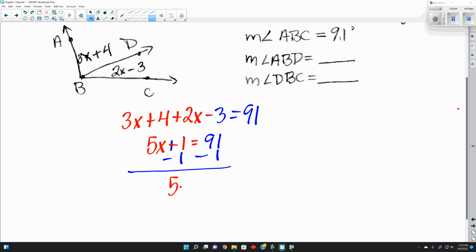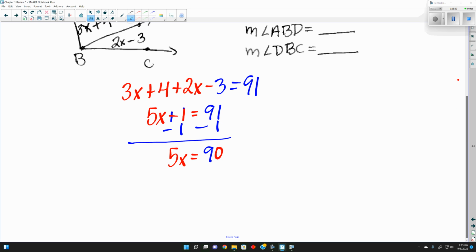Telling us that 5x is equal to, and last but not least, we will divide both sides by 5. Telling us x is equal to 18, because did you divide, was it 92 that you divided by 5 with?